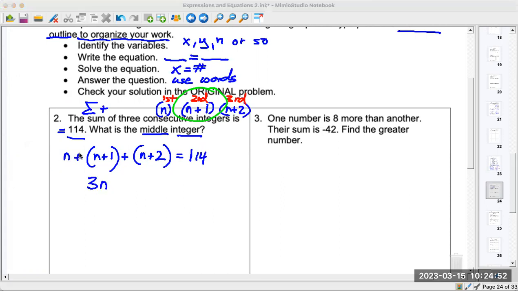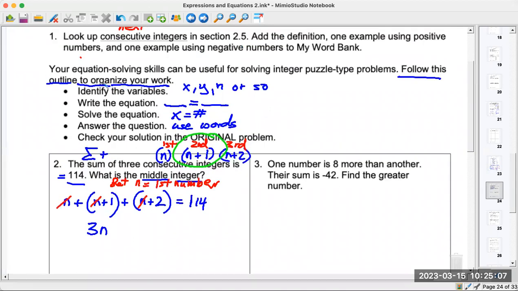So you combine your variables. I should say let n equal first number, because I'm identifying the variable. See how it says identify the variable. So I've done that. I wrote an equation. Here's the equation.